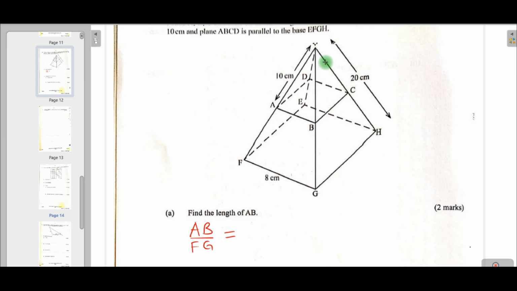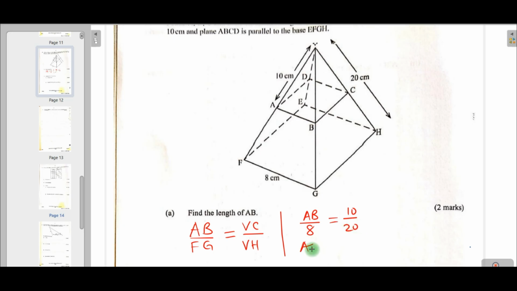Now we have that is VC over VH will be the same, and therefore AB, that's what we are looking for, over FG, which is 8, will be equal to VC, which is 10, over VH, which is 20.